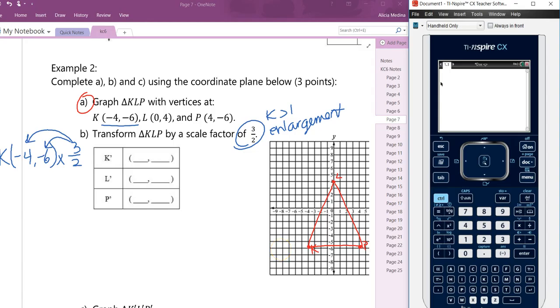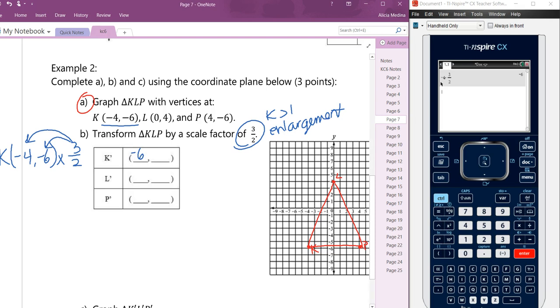We're going to go ahead and type -4. You can do open parentheses, and we want to do 3 divided by 2. Right, that's going to give me -6. So I can go over here and write -6.